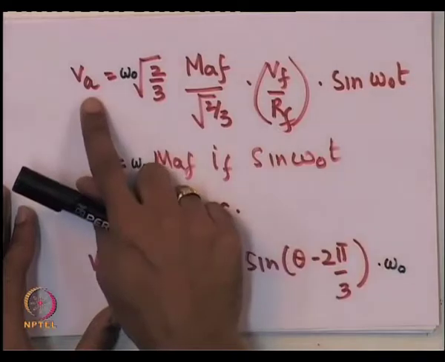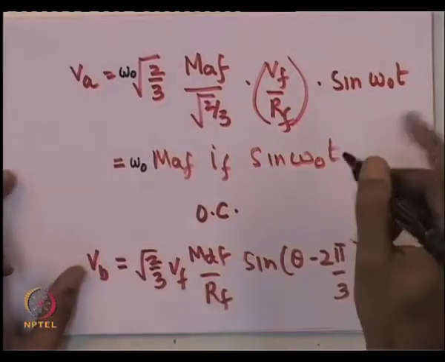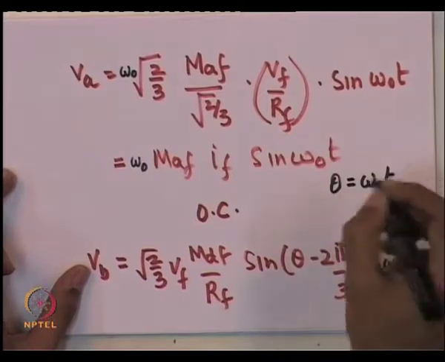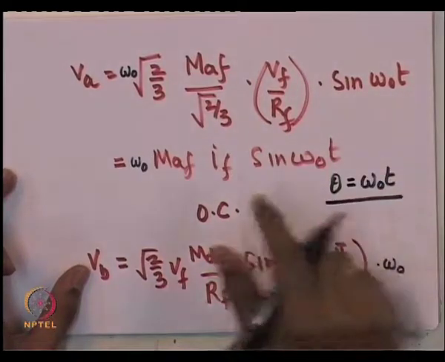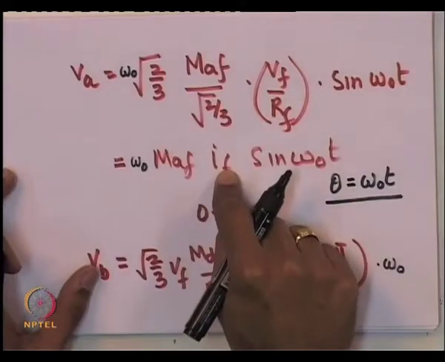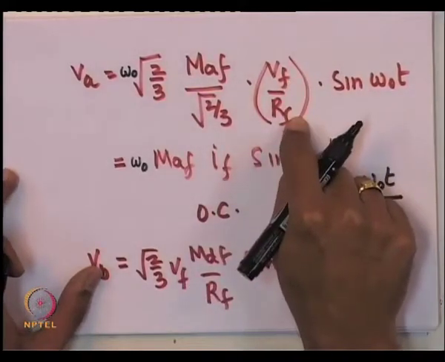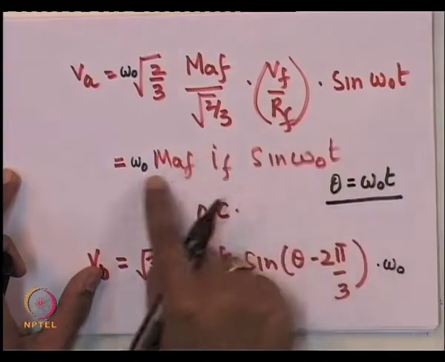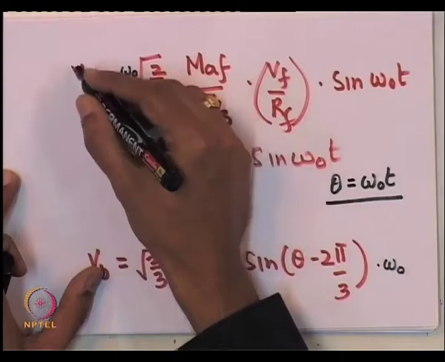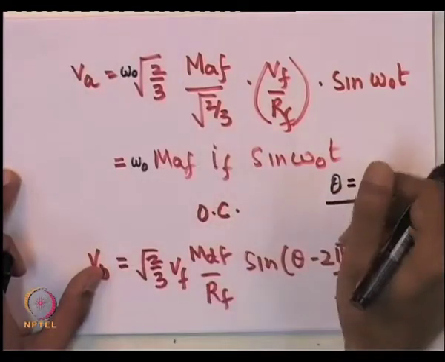This was with the assumption of course, that theta is equal to omega naught t. Of course, remember that I f in steady state is nothing but V f by R f. So, the expression which we got was of the voltage which appeared across the A winding.